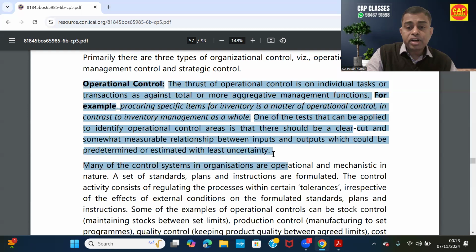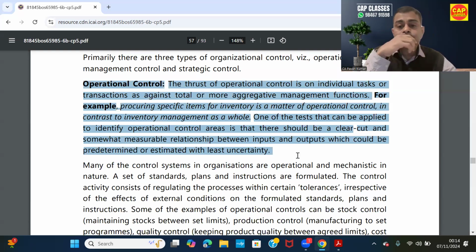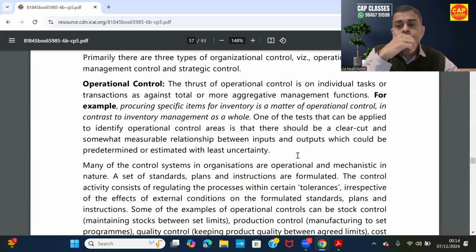So, Ashwati, can you read this particular paragraph, please? Operational control. The thrust of operational control is on individual tasks or transactions as against total or more aggregate management functions. For example, procuring specific items for inventory is a matter of operational control, in contrast to inventory management as a whole.